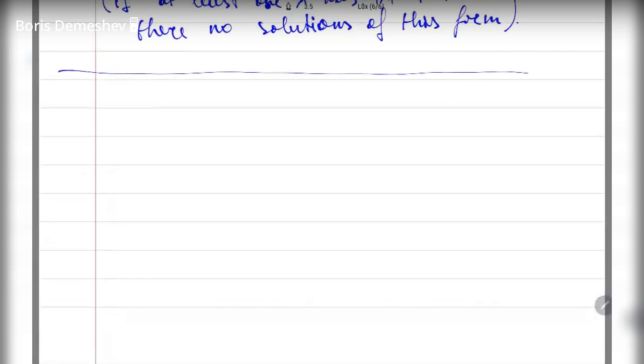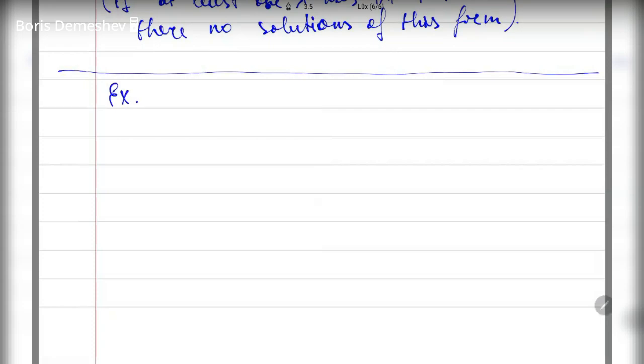Okay, so let's consider some examples. Once again, we will not go into the proof. That's hard, but we will look at some examples. Example 1. Let's consider yt equals 5 times yt minus 1 plus ut, where ut is white noise.